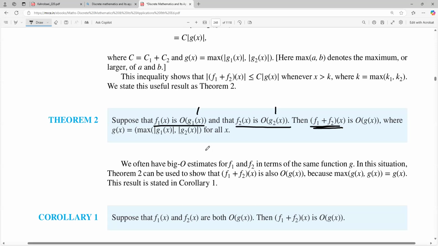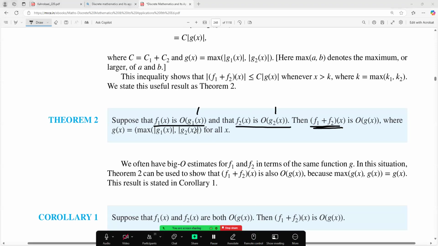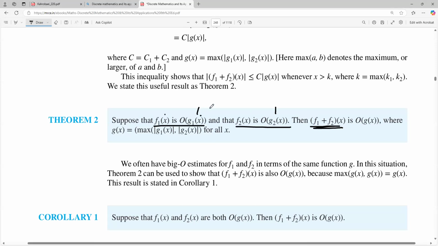Quick example of this: say f1 is big O of x cubed, and f2 is big O of x to the fourth. We don't know what f1 and f2 are. But remember, f1 is basically saying that f1 is less than or equal to some c times x cubed.